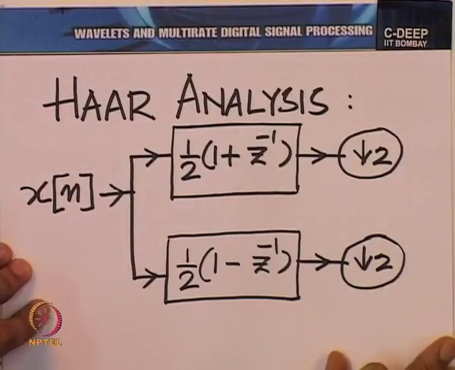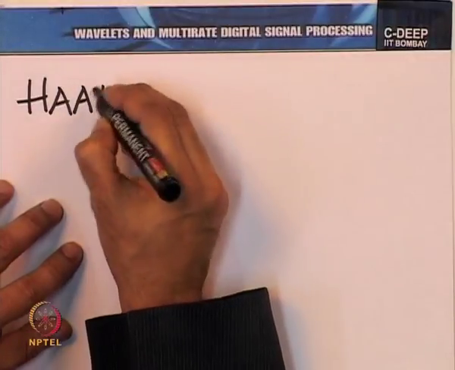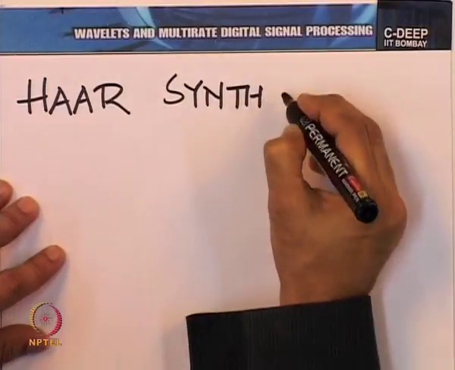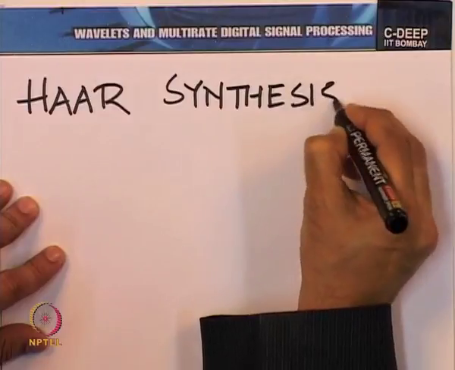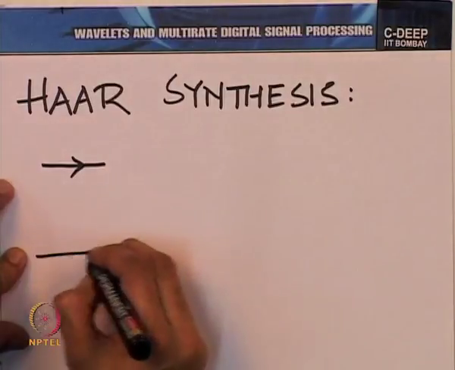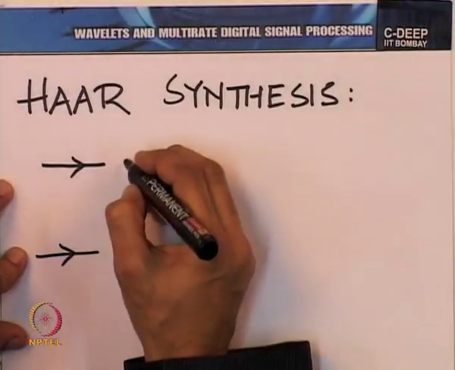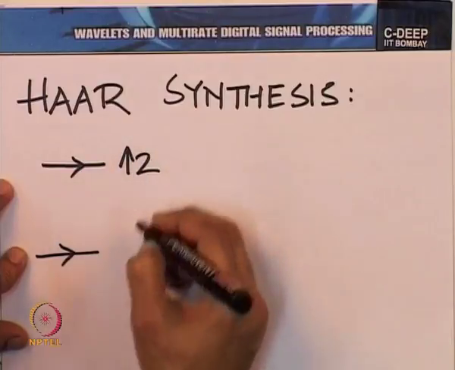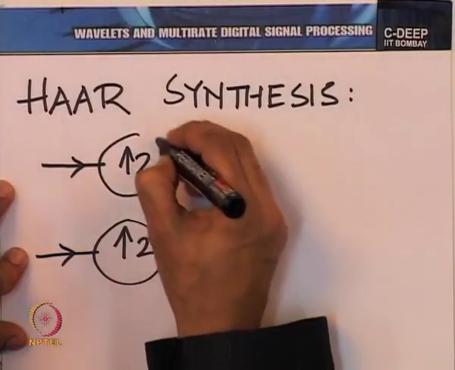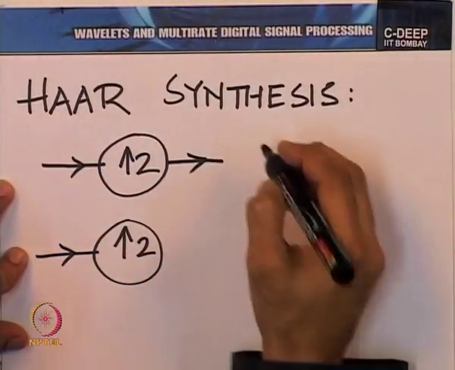We had also derived the structure of the synthesis filter bank, and interestingly we saw the structure was very similar. In fact, it looked almost like a mirror image here. Except for the fact that you had an upsampler instead of a downsampler, followed by the two filters once again.